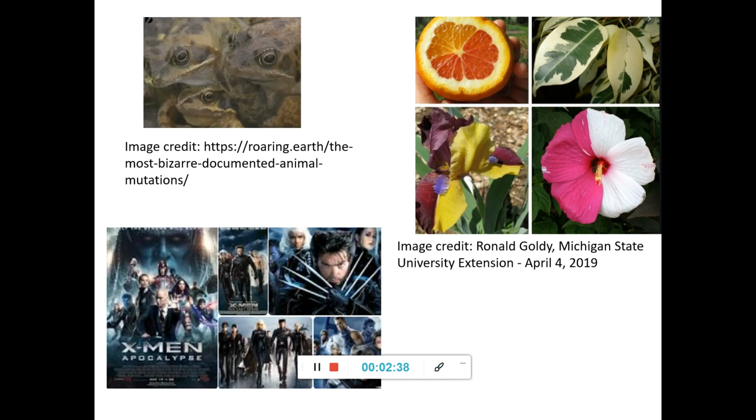Now, if you look at the plant photo which I have shown here, it's coming from Michigan State University. You can see even the petal itself: half the plant has one color, and the other half has another pigmentation. Coming to the leaf variety which they have shown, some of the leaves have a green pigmentation in the middle, but some other leaves have a different type of pigmentation pattern.